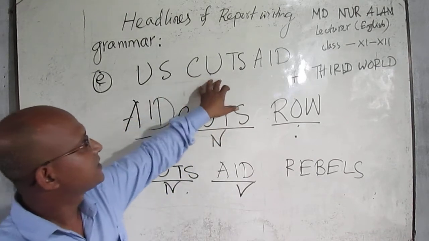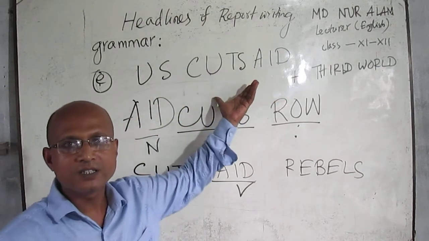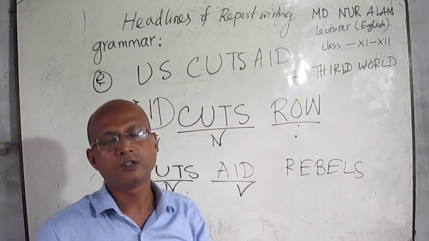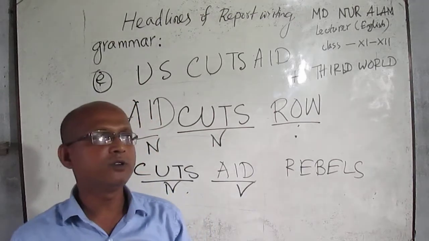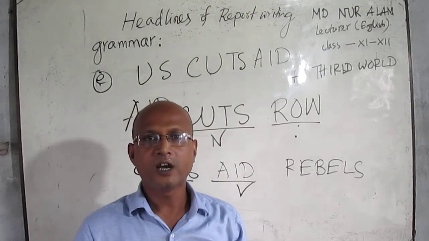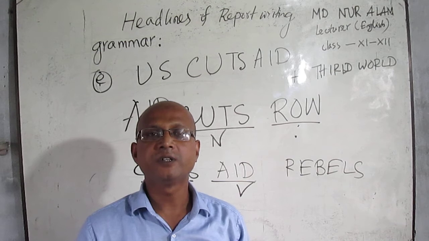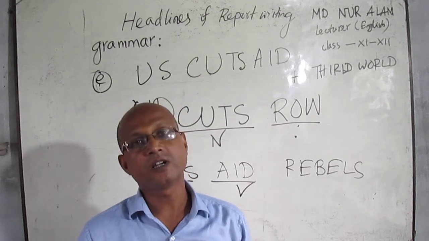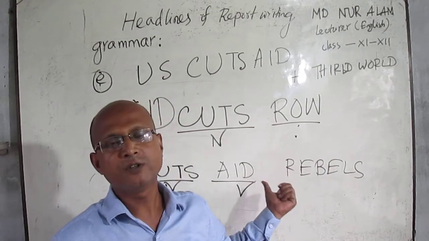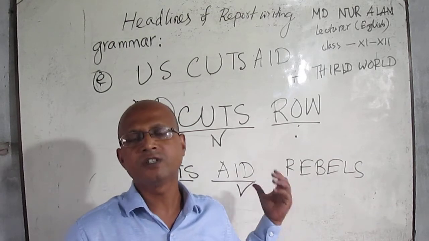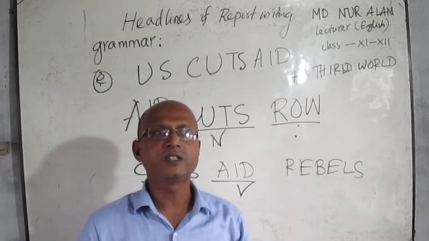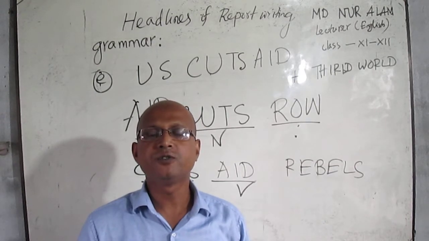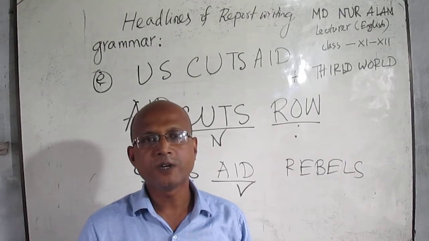Cuts and aid: some words are used as both verb and noun, so you have to be very careful about whether the words are being used as nouns or as verbs. But if you want to be expert in making out the meaning of these kinds of headlines, you have to practice regularly. There is no alternative to reading English newspapers regularly.